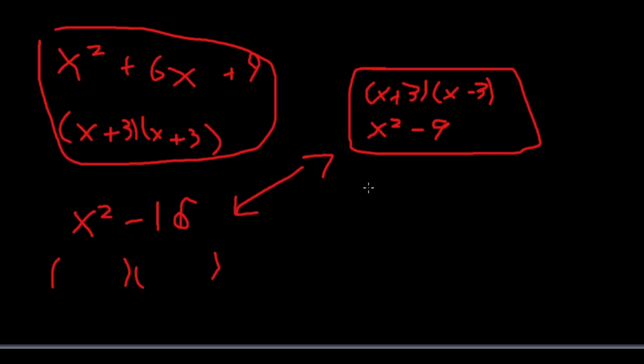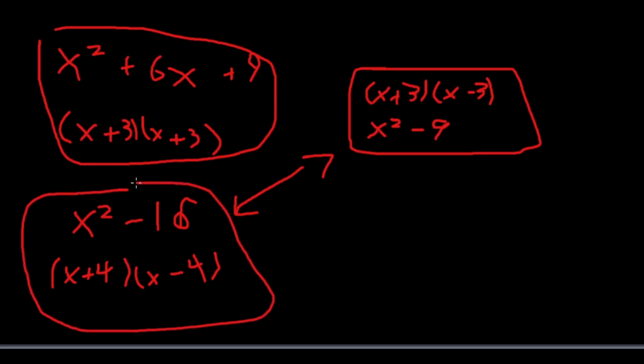And if you thought x plus 4, x minus 4, you'd be correct. So here's the pattern I'm trying to help you realize. When we don't have B, we just have A and C.